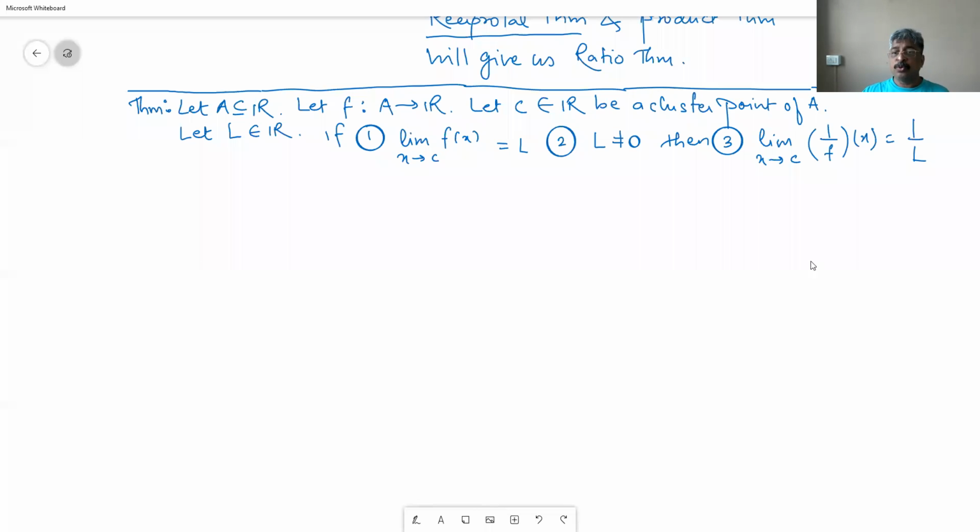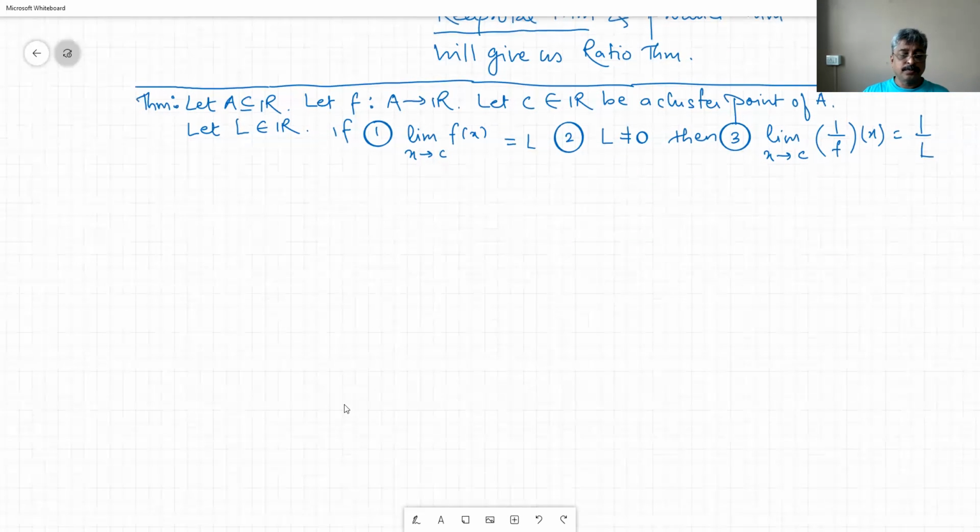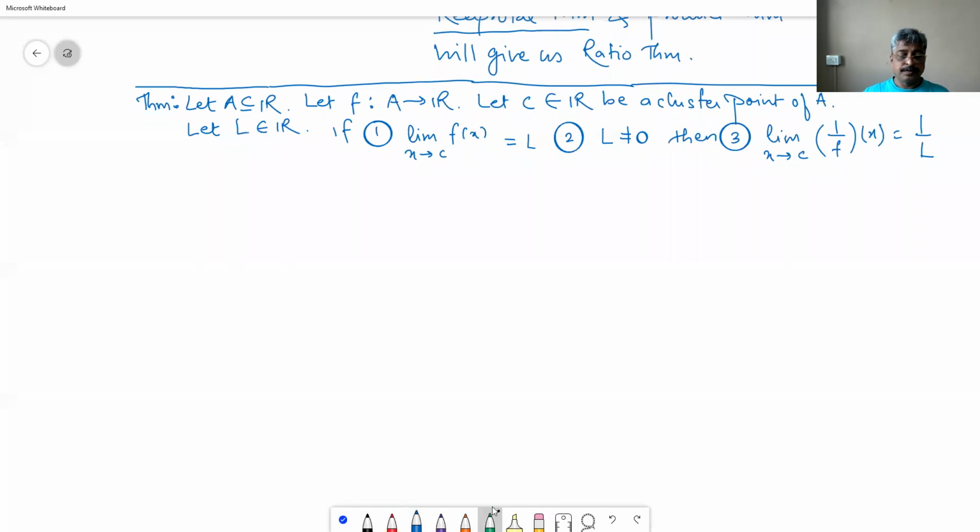What are we supposed to prove eventually? The limit of 1 upon f of x is equal to 1 upon L. So consider the absolute value of 1 upon f of x minus 1 upon L. We want to show that this value is less than epsilon, whatever epsilon is given to us.